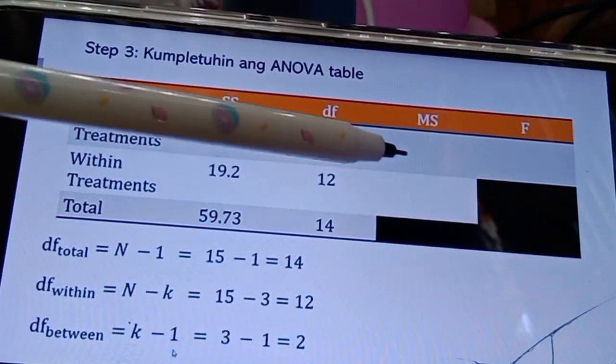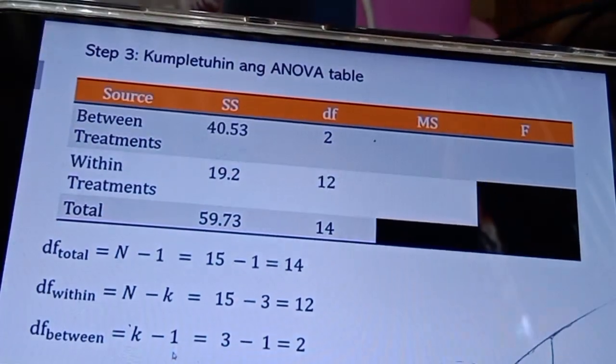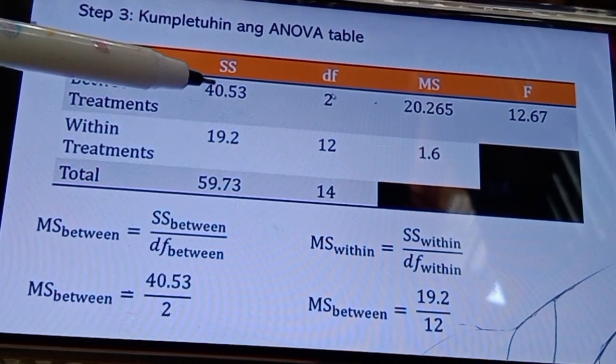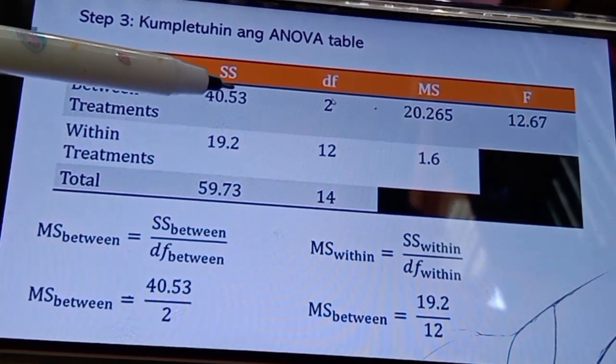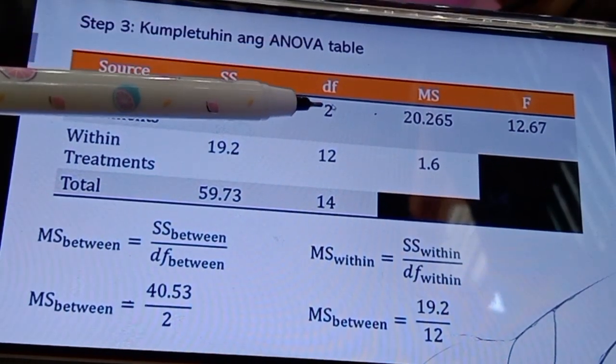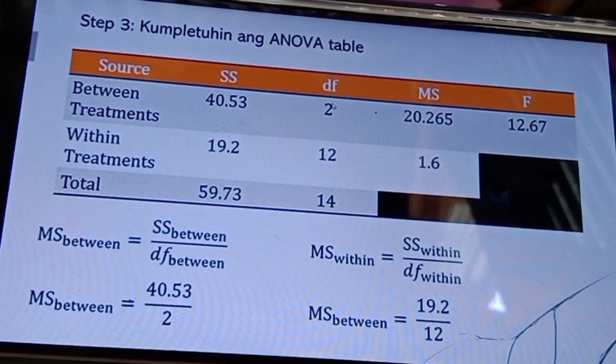Next natin ay yung MS, which is madali lang. Ang formula lang is 40.53 divided by degrees of freedom 2 is equals to 20.265.